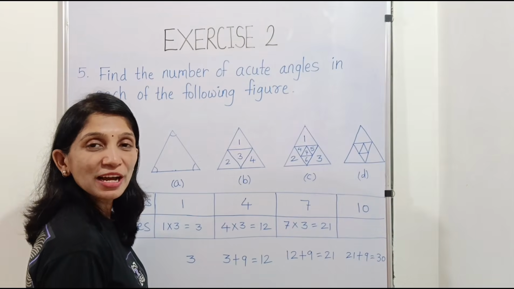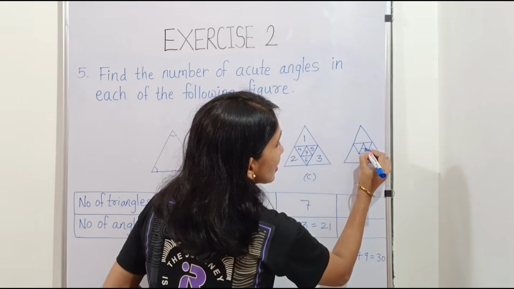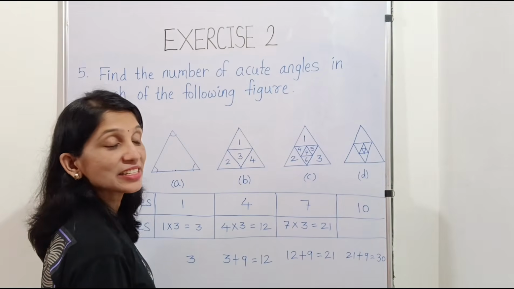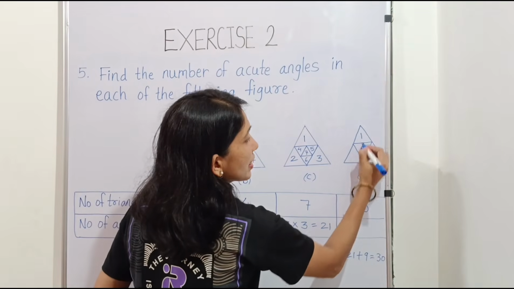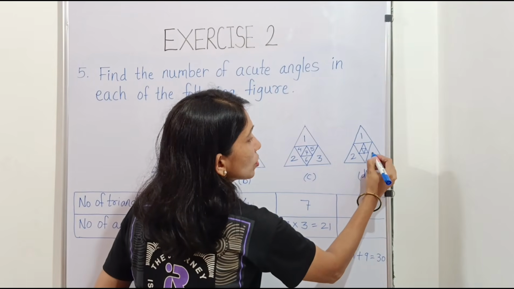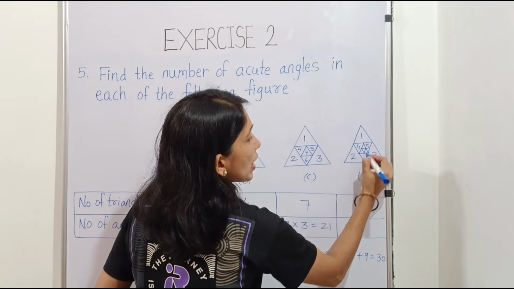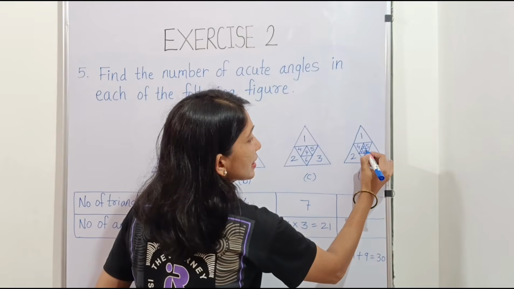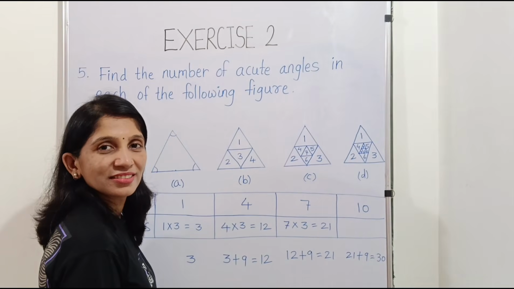Now, what extra will we have to do? Inside it, we will draw one triangle. Now, count the number of triangles. It must be 10. See? 1, 2, 3, 4, 5, 6, 7, 8, 9, and inside it is 10. Correct?